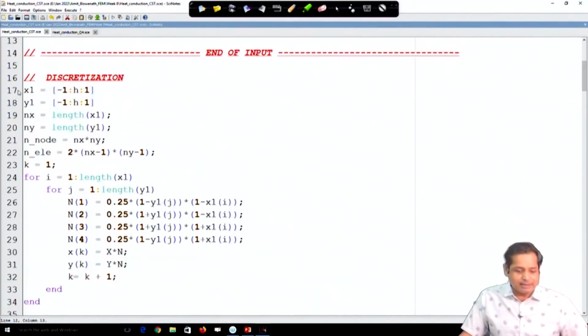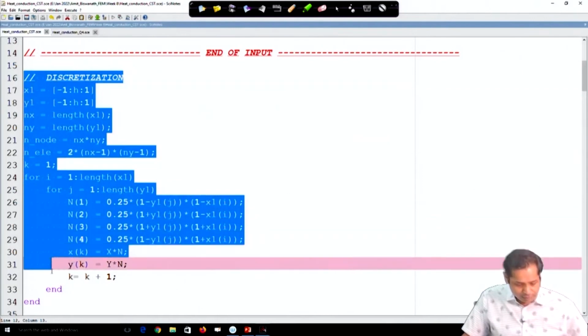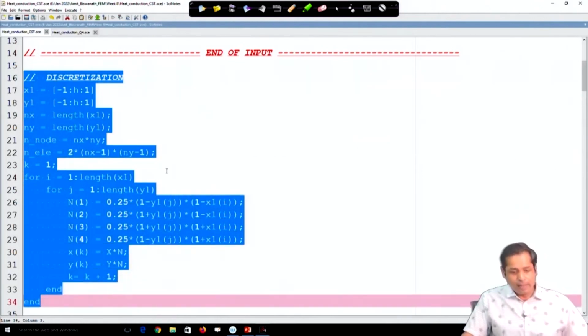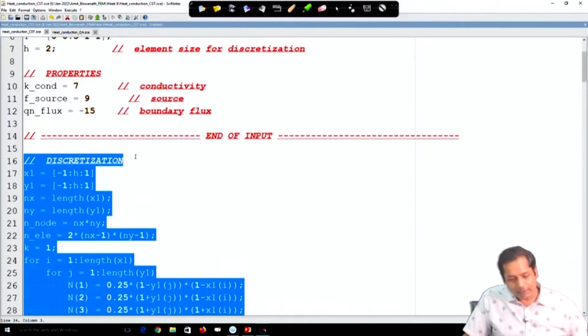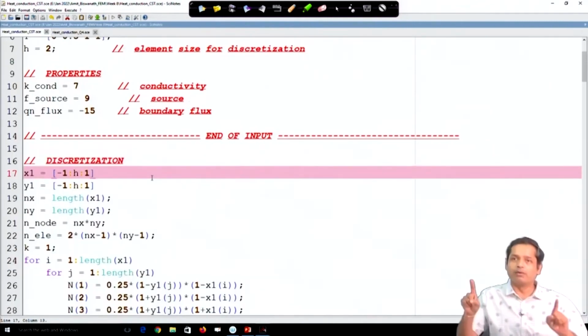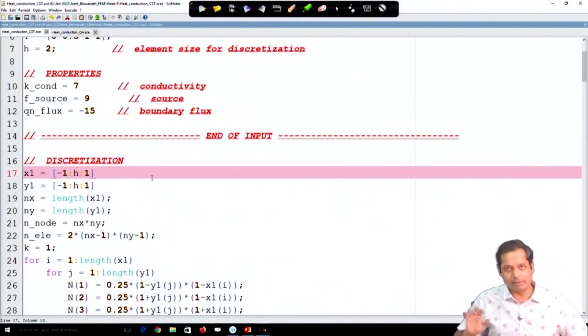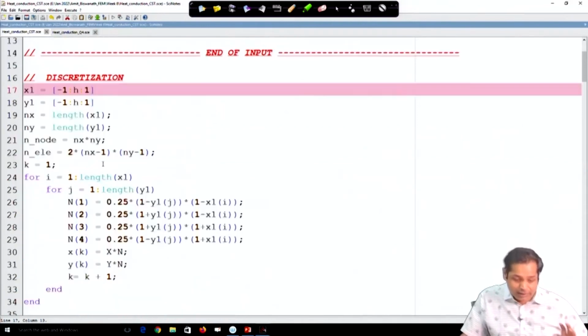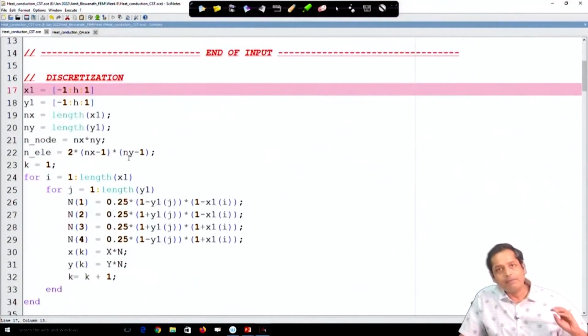Now, let us not bother about this discretization part, because we know our domain is a quadrilateral. Here, using the concept of isoparametric formulation, we have taken a square domain, and discretizing a square domain is very easy.